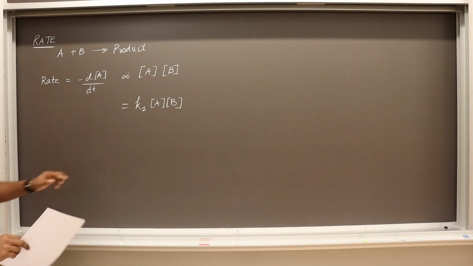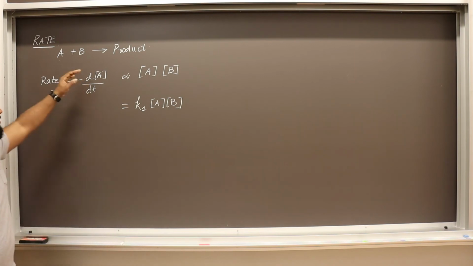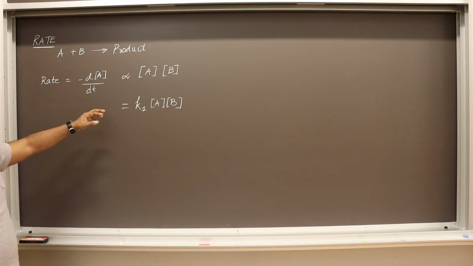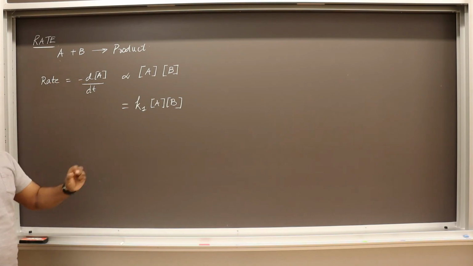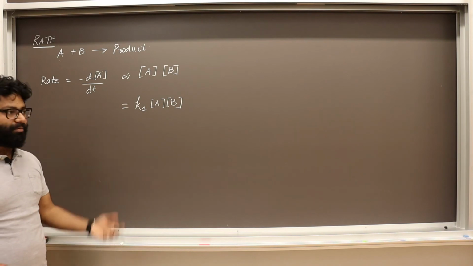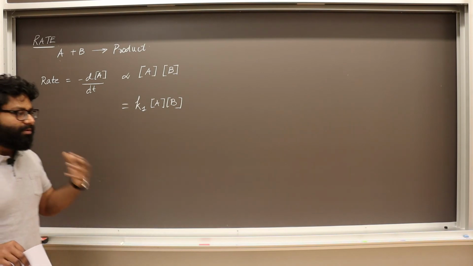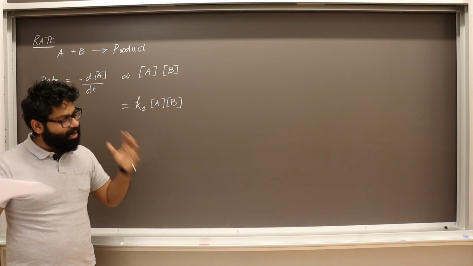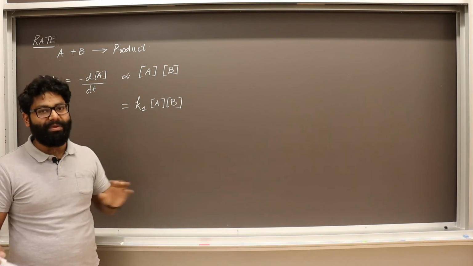Now, for all reactions that I'll be writing from now on, we will assume that this is an elementary reaction. We do not know what's going on in a complicated reaction. Like I said, the overall reaction is just a simplification. It's just a big picture.